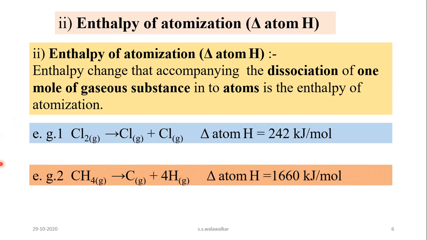But methane in a gaseous state, when it dissociates and gives 1 mole of carbon in a gaseous state and 4 moles of hydrogen in a gaseous state, requires 1660 kilojoules of heat, as methane contains 4 carbon-hydrogen bonds. The number of bonds is more compared to chlorine, so the enthalpy of atomization is more in the case of methane.